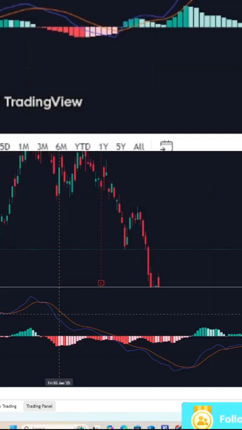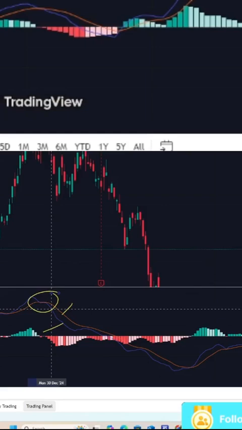Whenever the signal line crosses above the MACD line, the stock is bearish. Remember, the orange line is the signal line and the blue line is the MACD line. From there, the stock is bearish. Why? Because the signal line is above the MACD line.